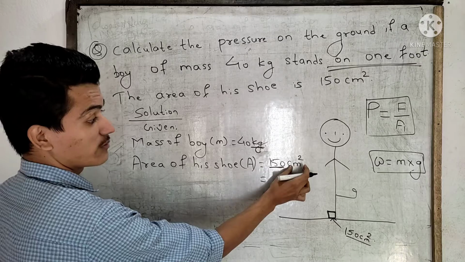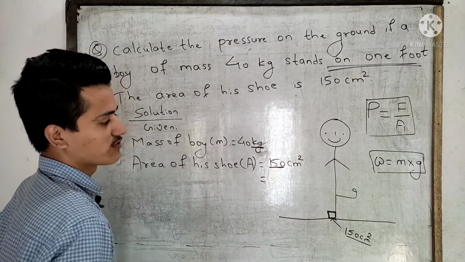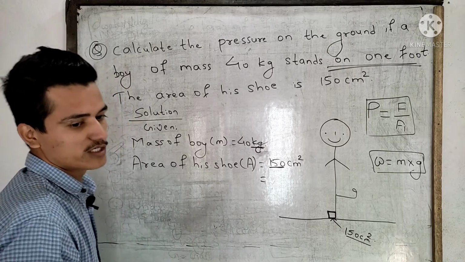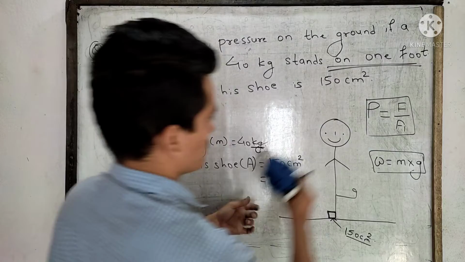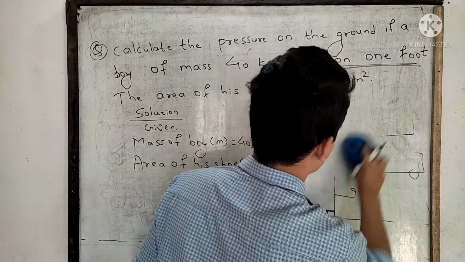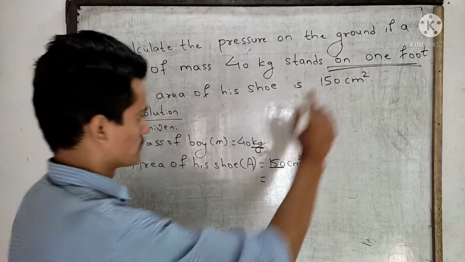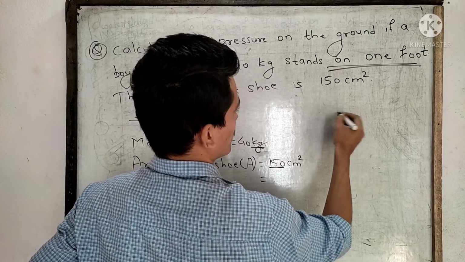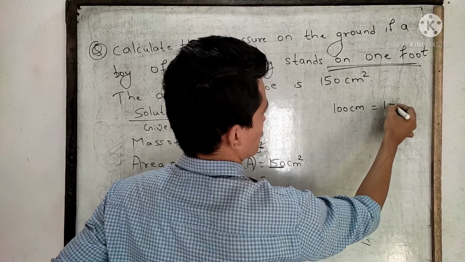Now this kg is the SI unit of mass, but this cm square is not an SI unit. This cm square is a CGS unit. We have to convert the centimeter square into meter square. I have already taught this before, but in short I can describe it to you. We can convert in this way: 100 centimeter is 1 meter.